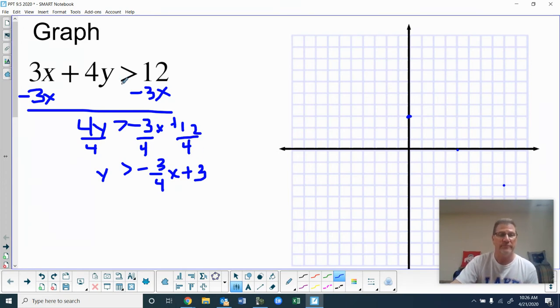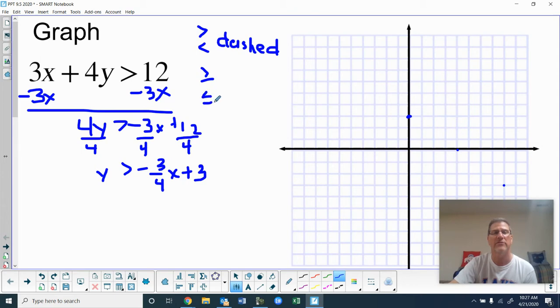Now, when we do inequalities and graphing, if it's just greater than or just less than, it's a dashed line or dotted line. So this one will be dashed. And if we have the equal to with it, greater than or equal to, less than or equal to, it would be a solid line.